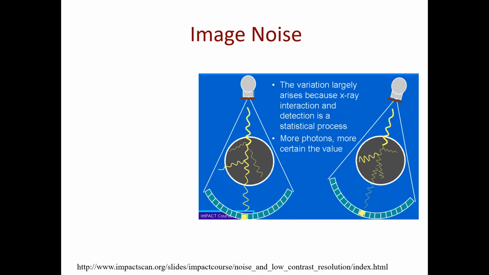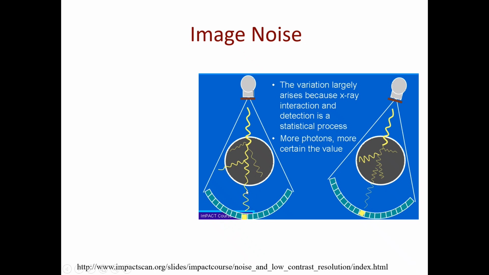We're not going to go into details of the detection process, but you basically have photons coming in with a certain energy, and they're getting converted into optical photons. That conversion process that happens in cameras is a statistical process, and it's not perfect in itself.